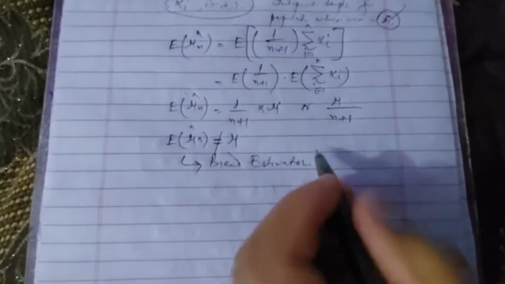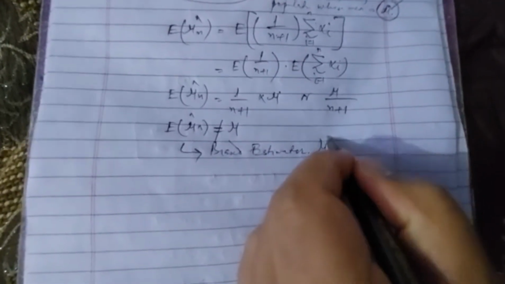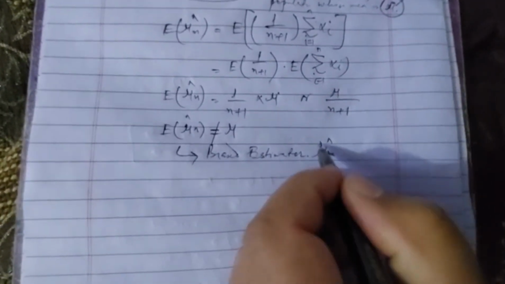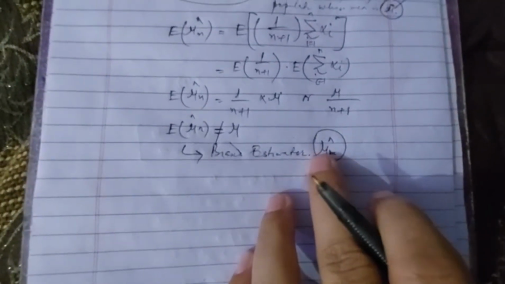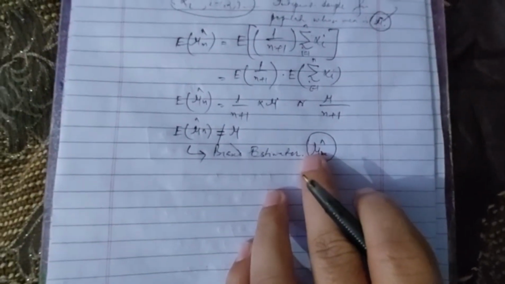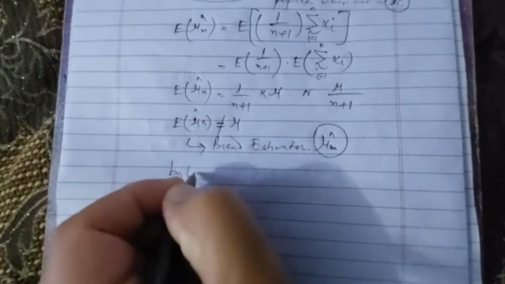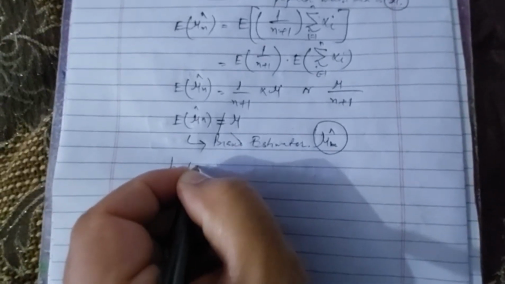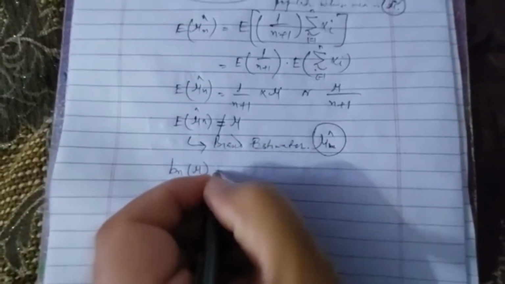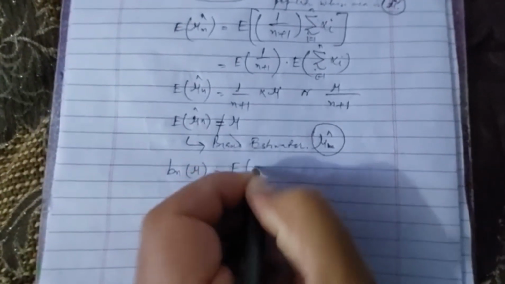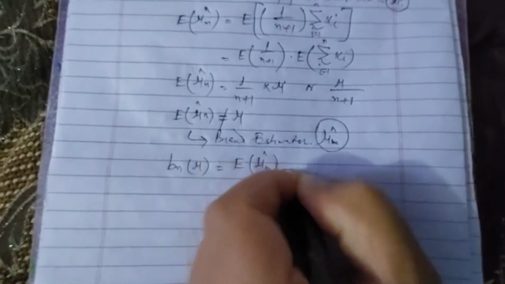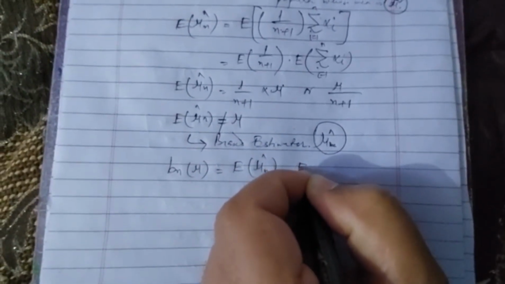So mu n bar is a biased estimator, not an unbiased estimator. Now we know that the bias of the estimator, Bn of mu, is equal to the expected value of the estimator minus the real value.